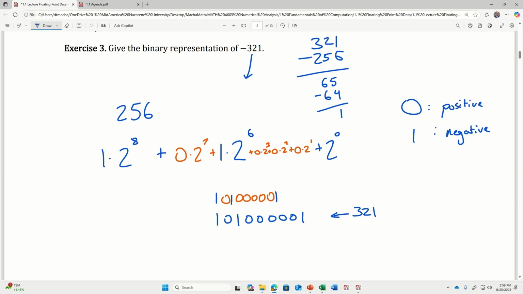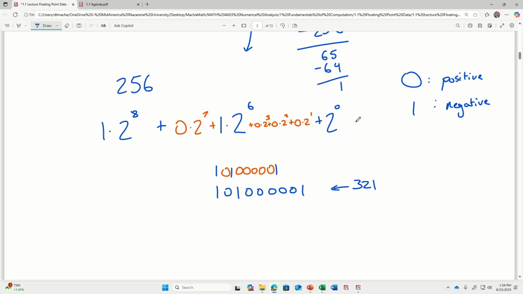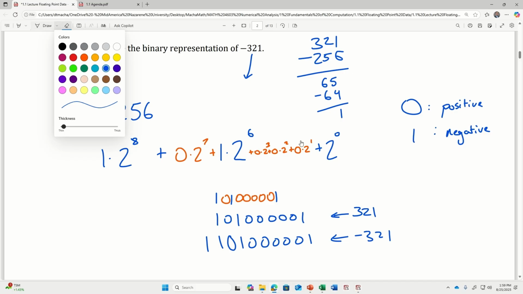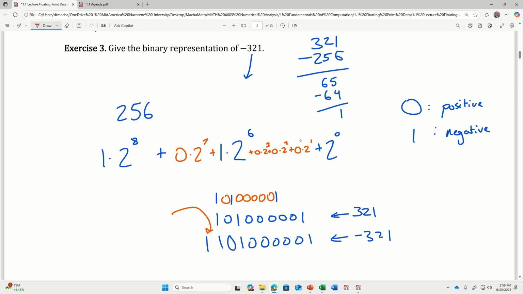To be honest, I can't remember off the top of my head what the convention is with regard to that. But I do know that you can just save the plus or minus sign as an extra bit. So in order to make this, let's say, negative 321, you just have to add a bit that saves the sign, the plus or minus sign. We might call this my sign bit.